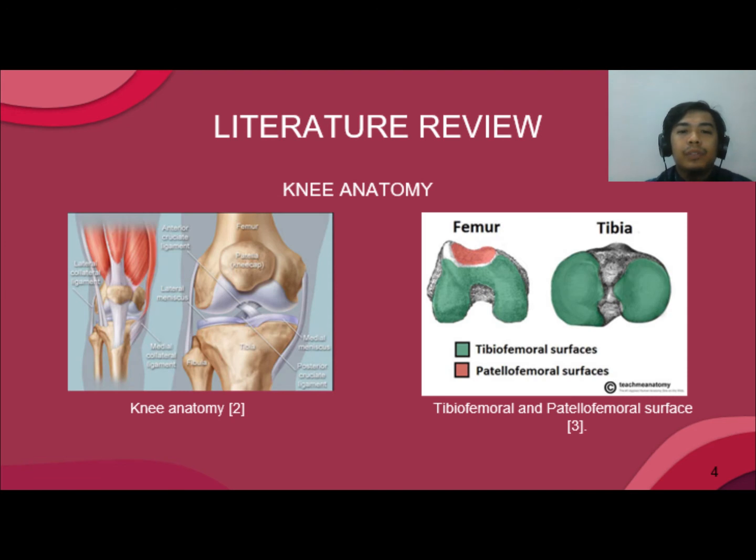Literature review. Firstly, knee anatomy. The knee is the joint in which the upper and lower legs connect. The knee moves like a hinge and it is the biggest joint in the body that enables you to sit, squat, walk, and jump. There are three bones in the knee: femur, tibia, and patella. The thick, higher leg bone is the femur.